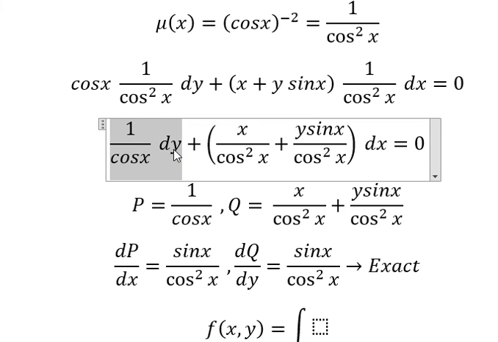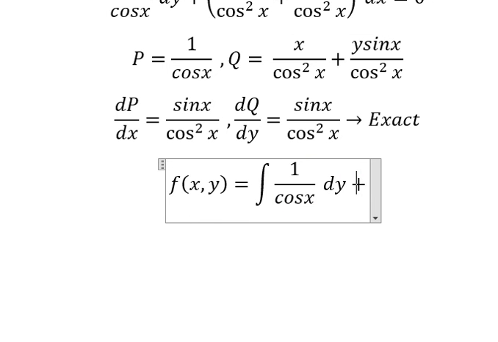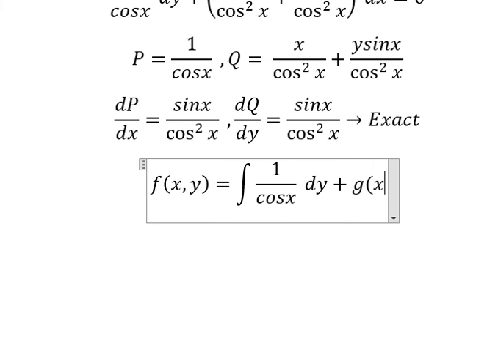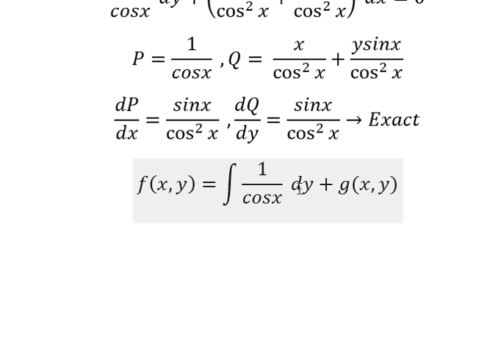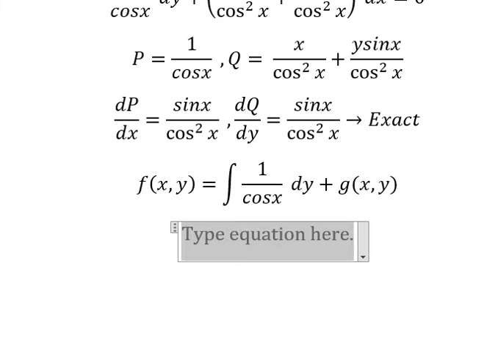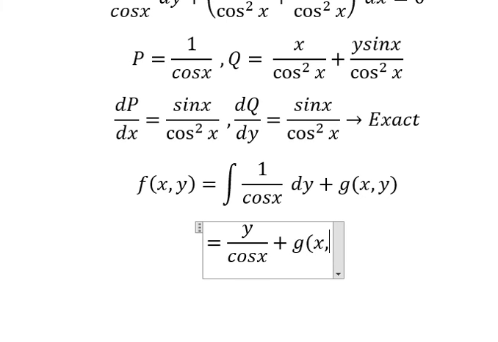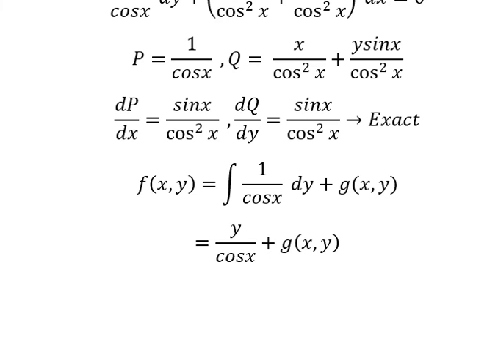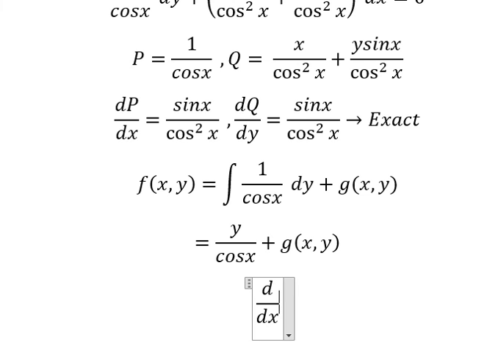So I will choose about dy in here plus g of x, y. The integration of dy in this situation, we have y over cosine x. Next, we need to do first the derivative of the function f with respect to x for the both sides.